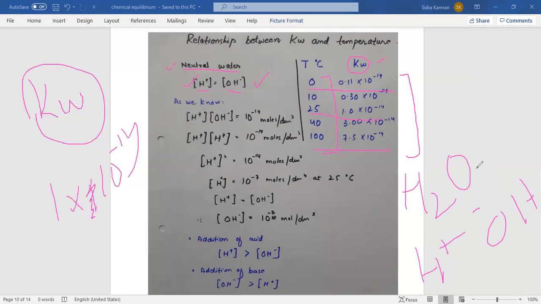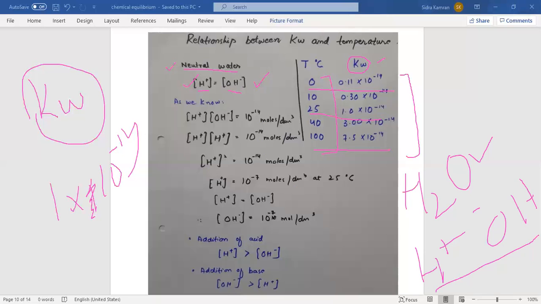Whether it's 0, 10, 25, 40, or 100 degrees Celsius, water will dissociate into an H+ ion and an OH- ion. So the concentrations of H+ ions and OH- ions remain the same in neutral water.